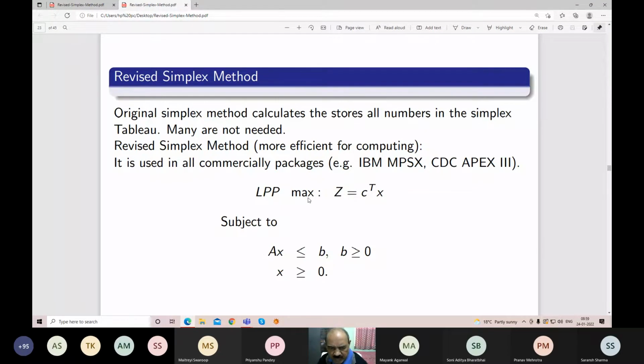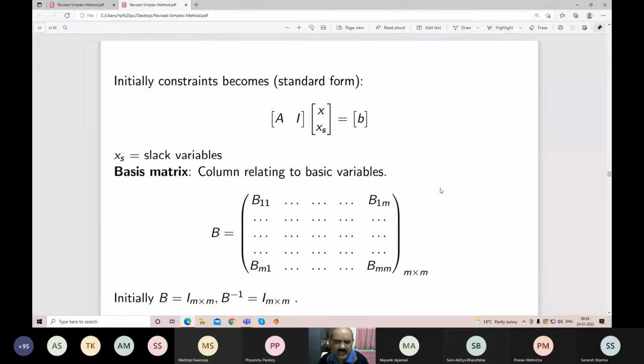Maximize z equal to C transpose X, subject to AX less than or equal to B, where B is non-negative and X is non-negative. Since the constraints are all of less than or equal to type, we need only slack variables. No surplus variables, no artificial variables. So this problem you can write in the standard form.